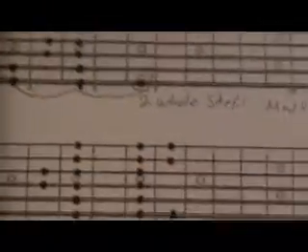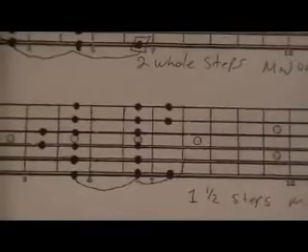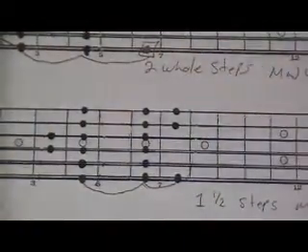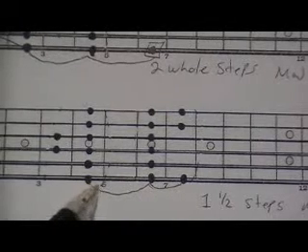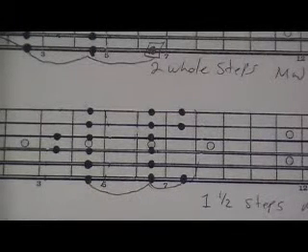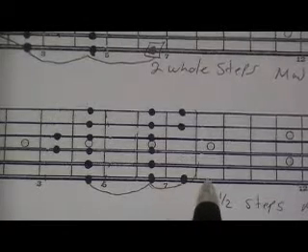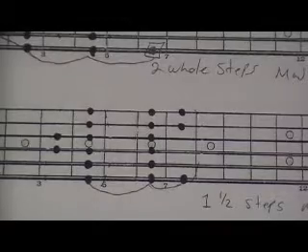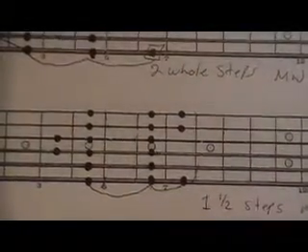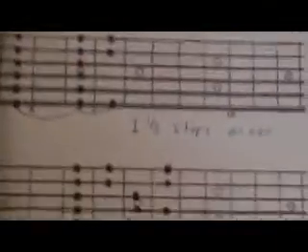Now if we go to pattern number 2, the A Dorian, the third note in that pattern is 1 whole step and then a half step, making that a minor scale. And that's why sometimes people say a minor third, because the third is not here, it's a flat note. It makes it minor. So your Dorian mode is actually a minor scale. We can go down to pattern number 3.